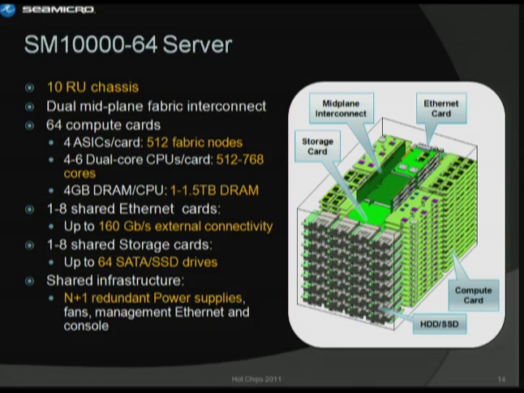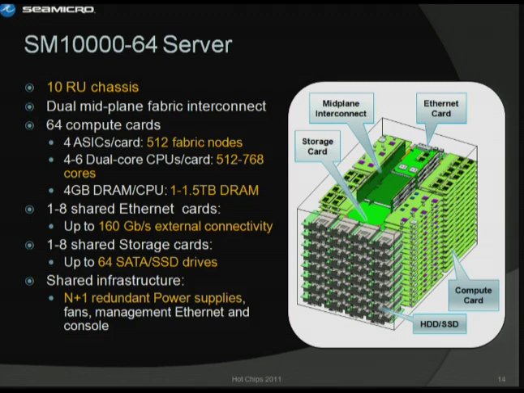Each of our compute cards holds 4 ASICs, and each of our ASICs has 2 nodes. So that's a total of 8 nodes per C card. Each of our compute cards also holds between 4 and 6 dual-core Atom processors. That's a total of 768 cores in the system. Each of the Atom processors has access to up to 4 GB of DRAM.